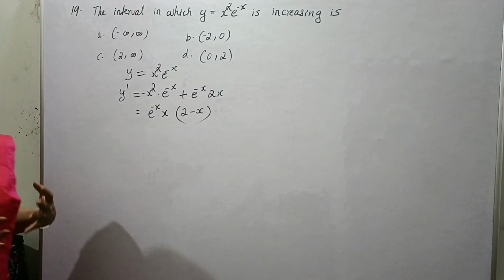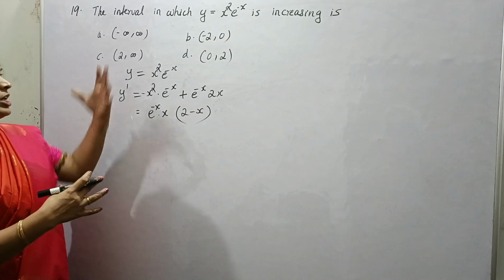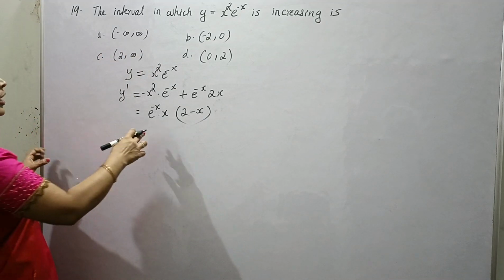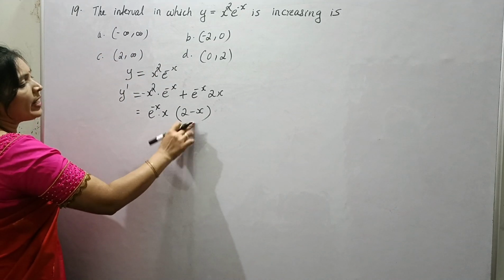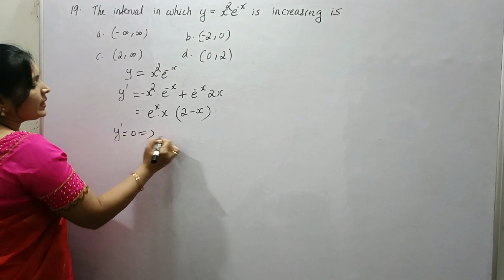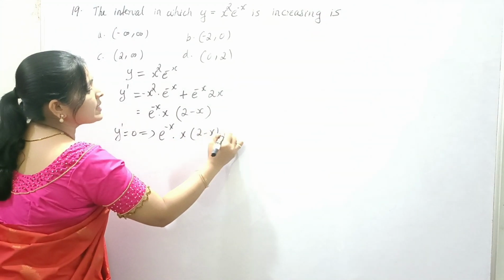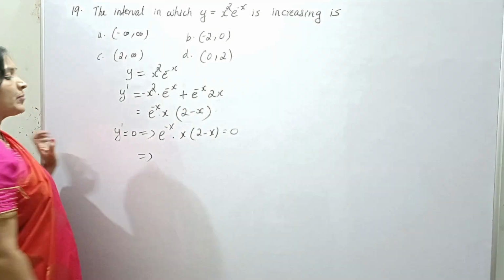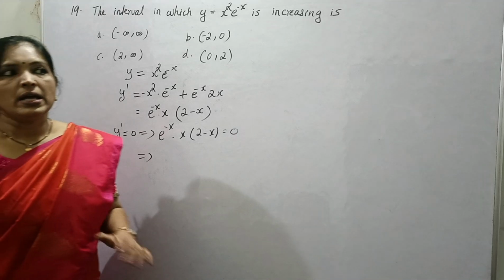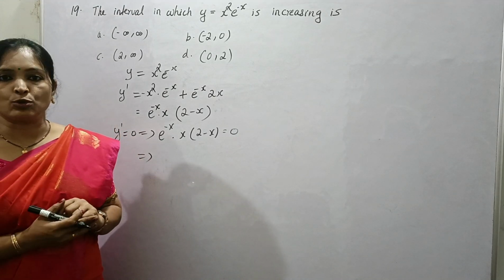So to find the critical values, we have to find the critical values, right? Because we have to find in which interval the function is increasing. So for that, y dash is equal to 0. That implies e raised to minus x into x into 2 minus x is equal to 0. See here, e raised to minus x, the exponential function, is always greater than 0.